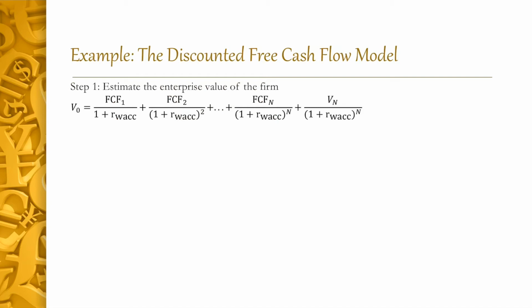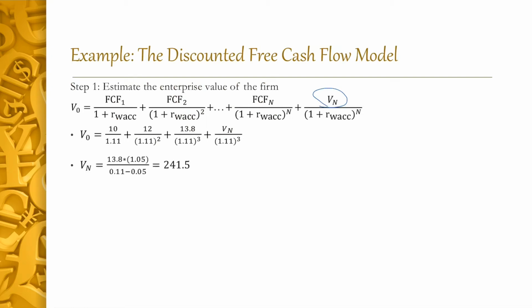We have the information for the free cash flows, but we need to estimate the enterprise value at the terminal period, or the terminal value of the enterprise. So first, I just put in all the cash flows that were given by the example.